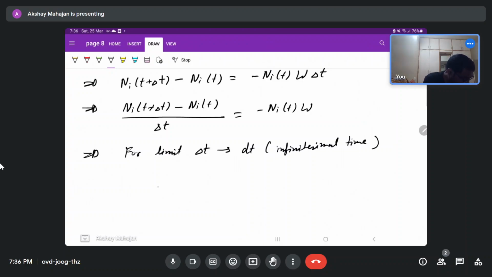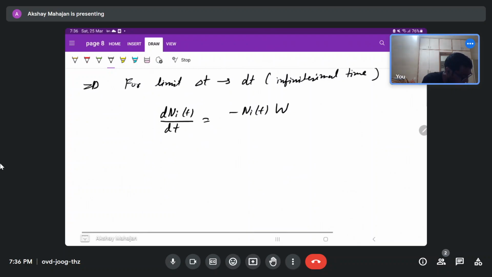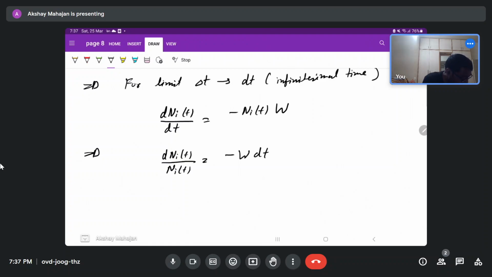We can write this as dNi(t)/dt equals minus Ni(t) times W. So we are getting a very simple relation. I can write it as dNi/Ni(t) equals minus W times dt.